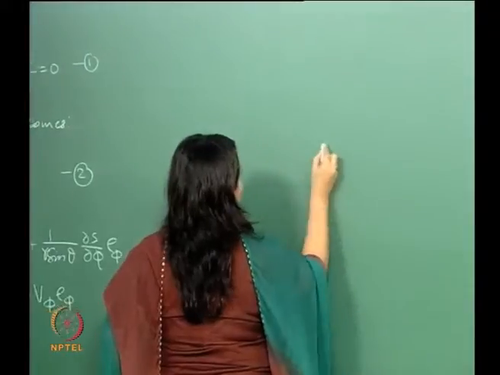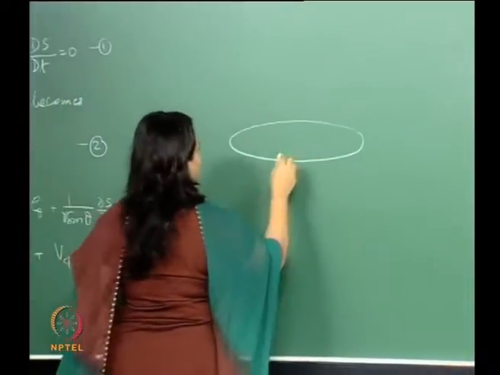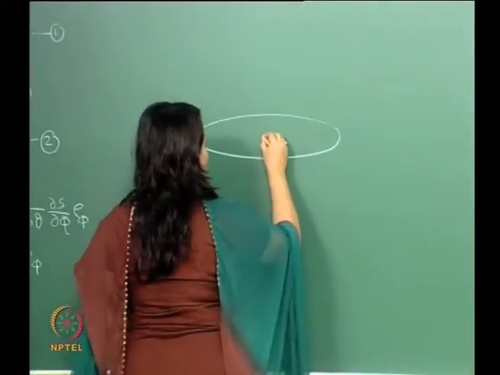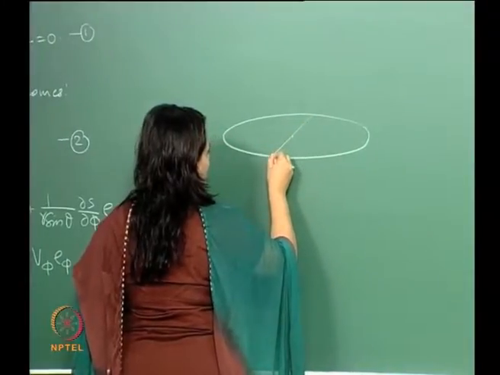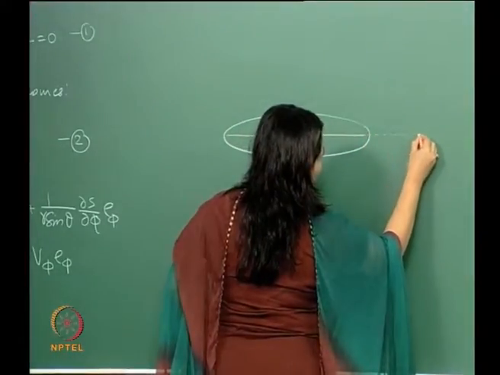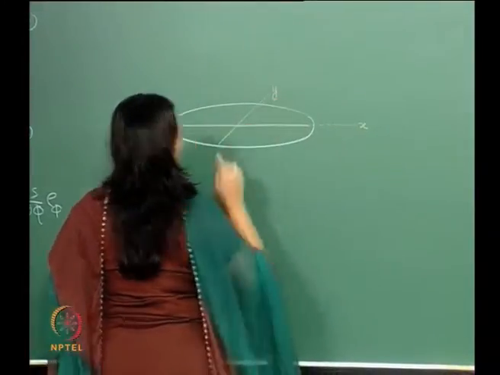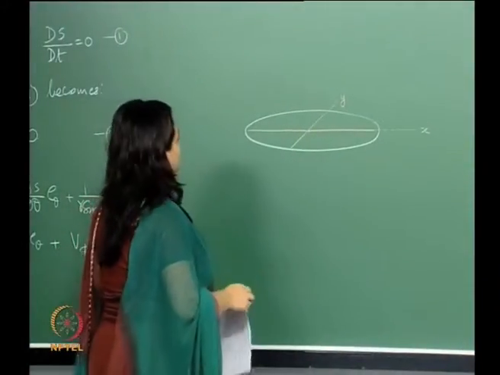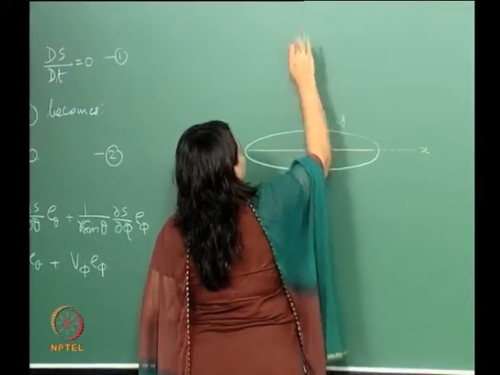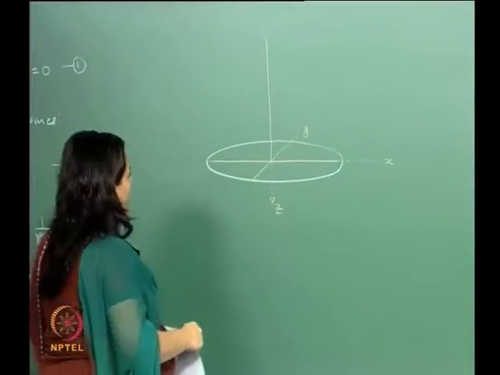Let us say that this is what we have. This is x and this is y, and in this particular case x, y and z.